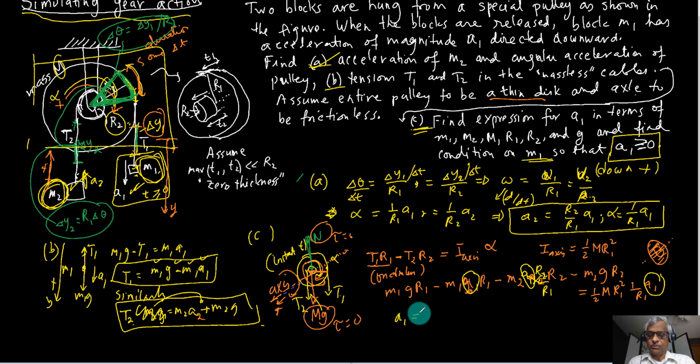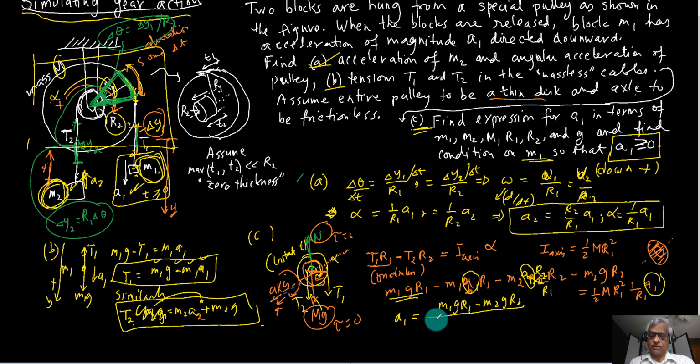So a1 will be, these are the two things that will be left, m1 g r1 minus m2 g r2 in the numerator, and the denominator will be all positive.